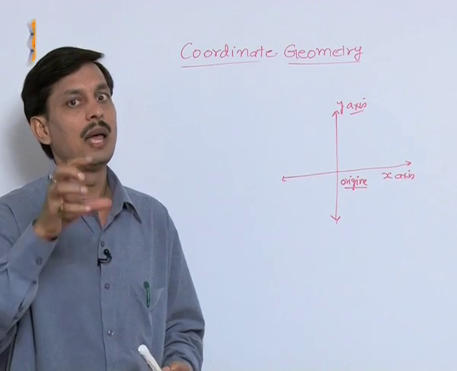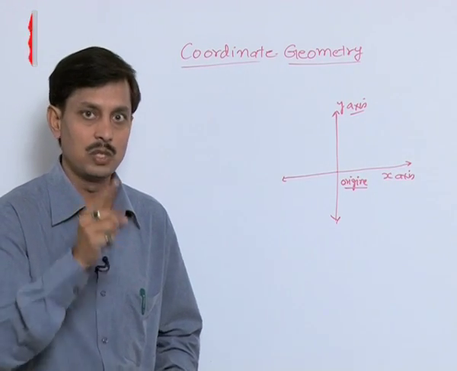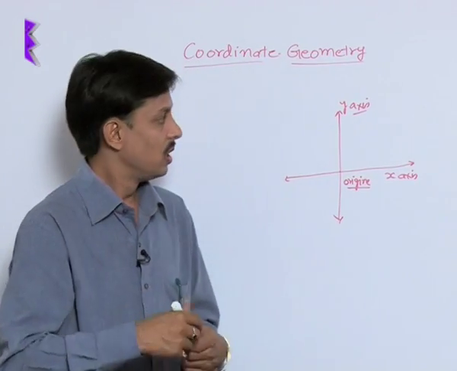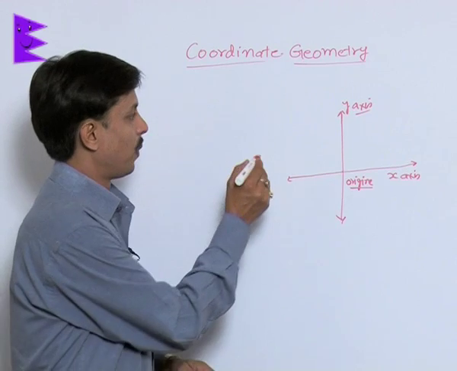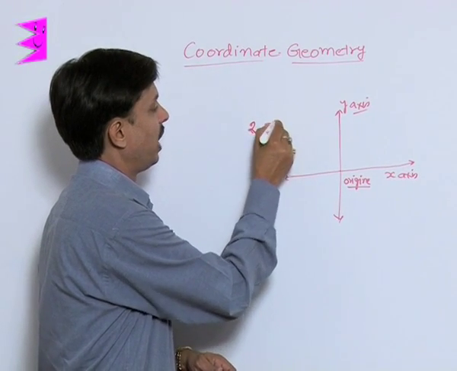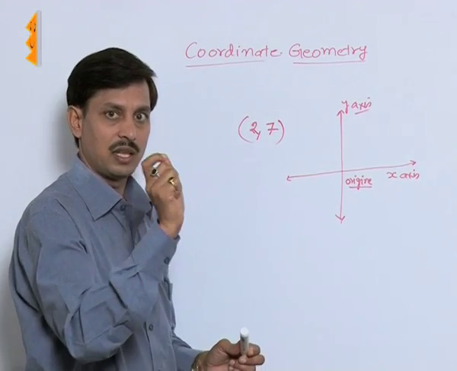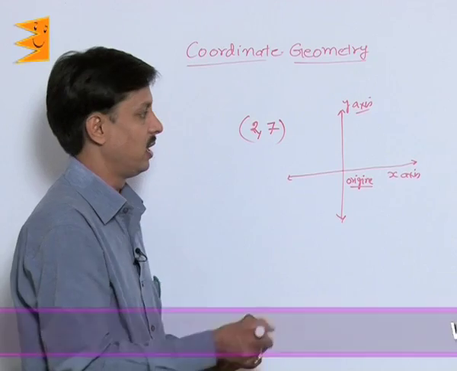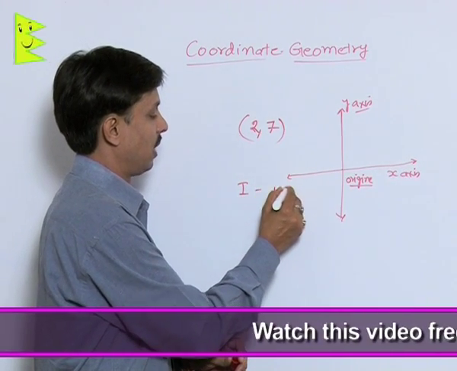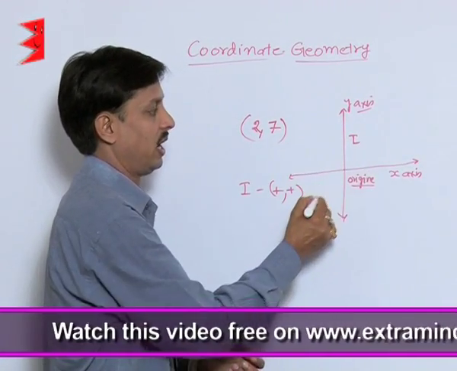Before that, I am asking you a few questions where you will answer in which quadrant these points are lying. Suppose I say the point is (2, 7). In which quadrant does the point (2, 7) lie? As I have specified, for the first quadrant, x and y are both positive. This one is the first quadrant.